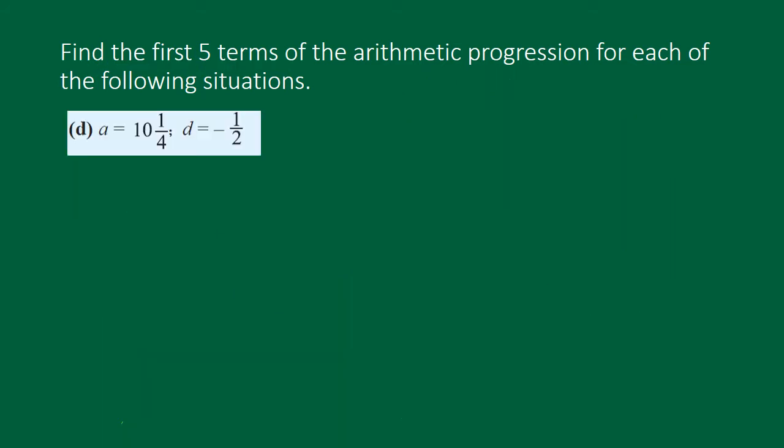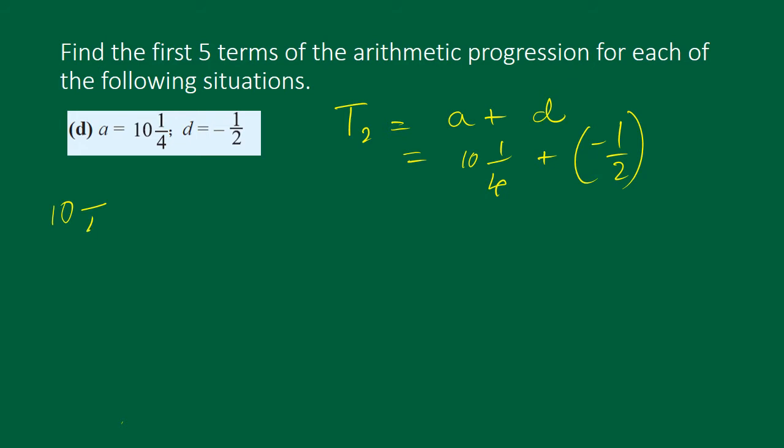Find the first 5 terms of the arithmetic progression in each of the following situations. Here also you can do this one, t2 is a plus d, right? So here you can convert this mixed number into an improper fraction in order to make the simplification easy. 10 into 4 is 40, 40 plus 1 is 41 over 4, right?